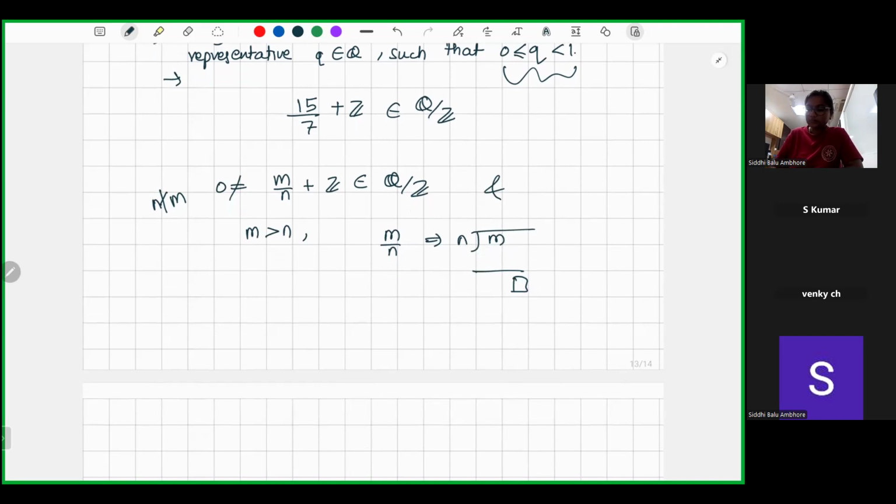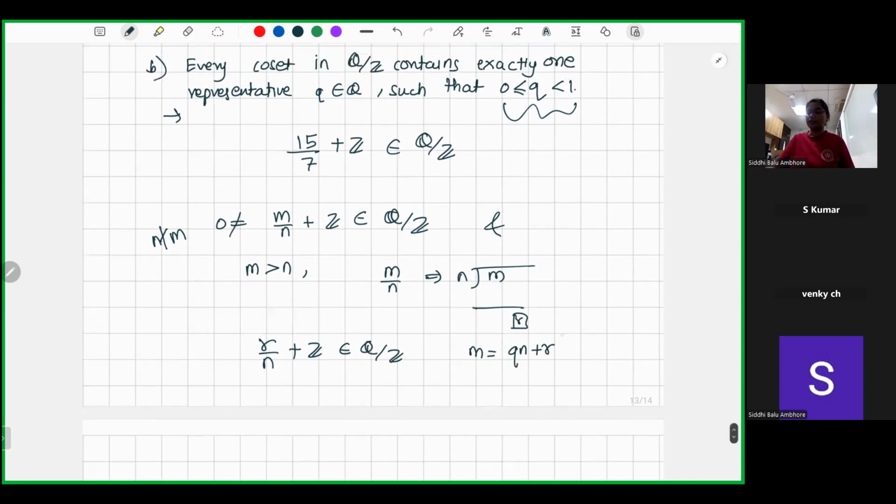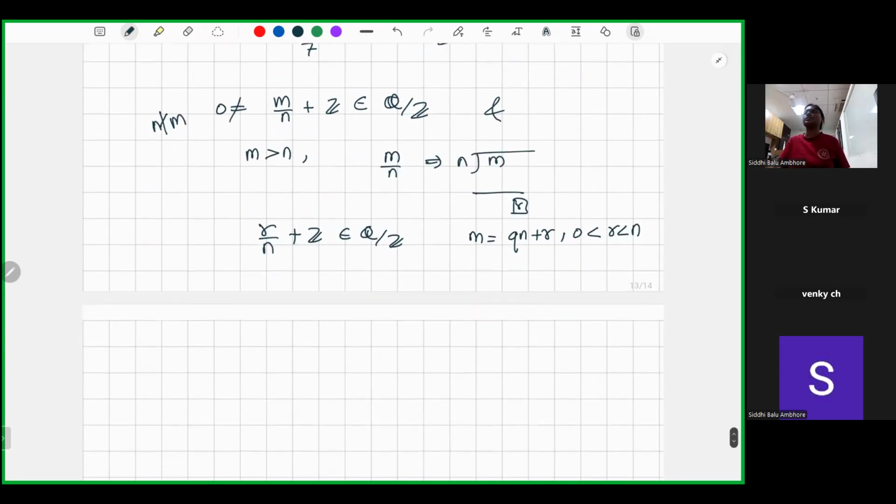Let us take that remainder as r. Then r by n plus Z will be my representation for this m by n plus Z. r is such that m is equal to qn plus r, and 0 less than r less than n. And this will give me the expression.